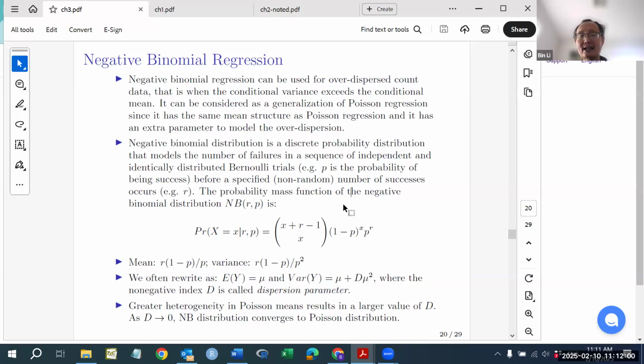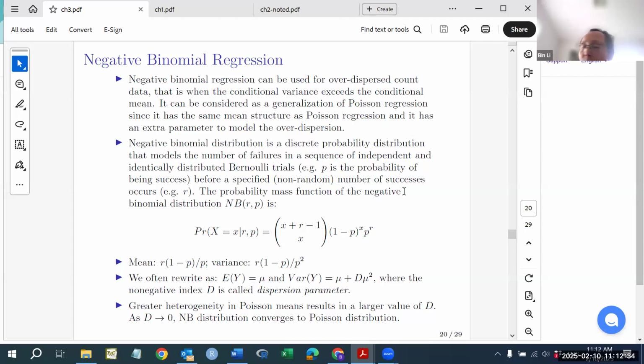The probability of getting x failures before we get r successes, with each trial having probability p of success, is equivalent to (x plus r minus 1 choose x) times (1 minus p) to the power of x times p to the power of r.